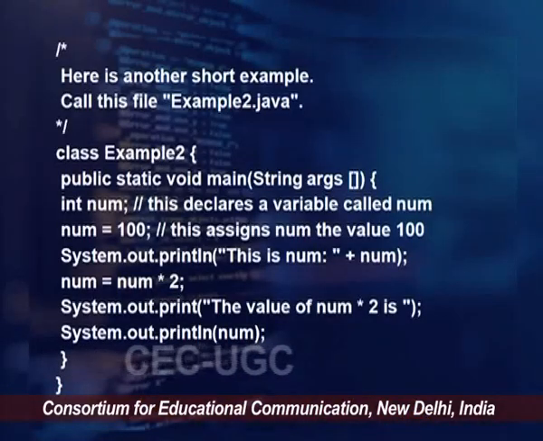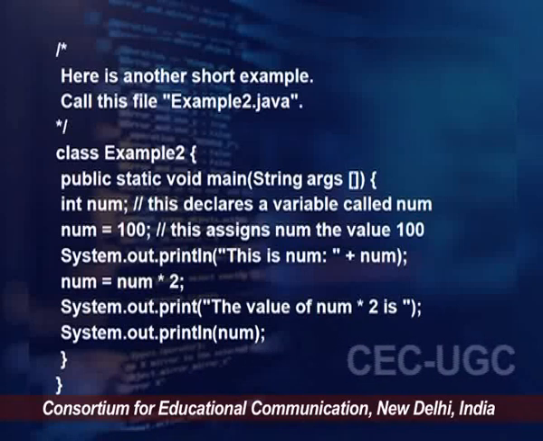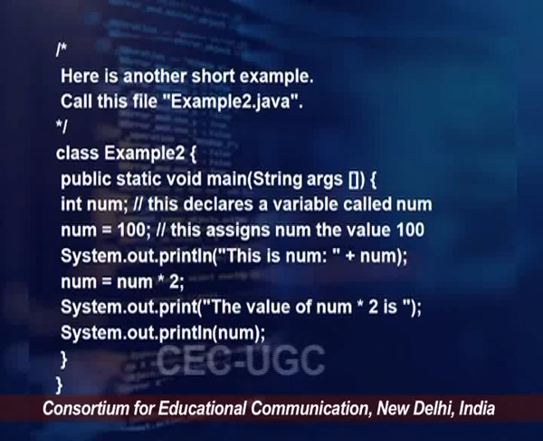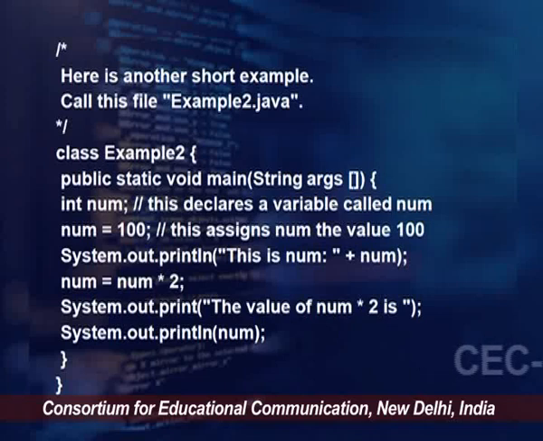Then we have assigned num is equals to 100, and then we have system.out.println. Within the double inverted commas it says this is num, and after the double inverted comma please notice the use of the plus operator, plus and then num, semicolon.